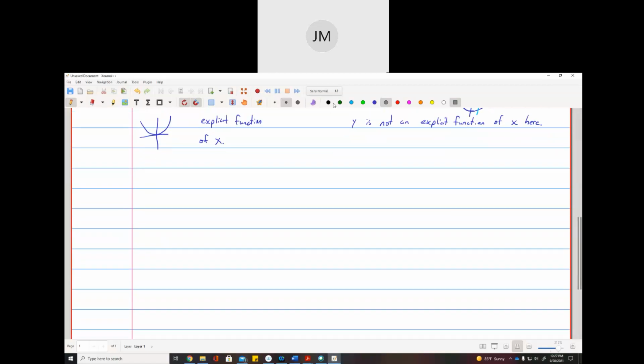So if I take x squared plus y squared equals 4, and I restrict my domain a little bit, maybe I only look at y values that are positive, or we'll say greater than or equal to 0. Okay, this graph is a function. So here, y is greater than or equal to 0. This graph passes the vertical line test.